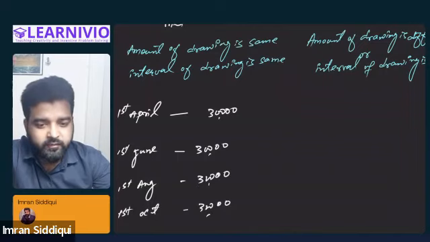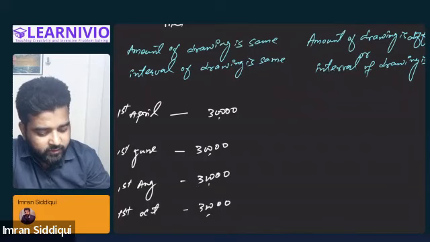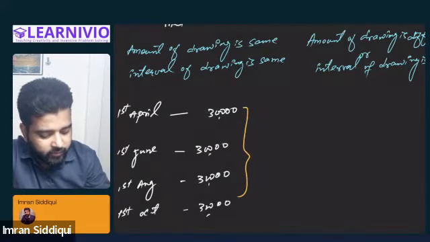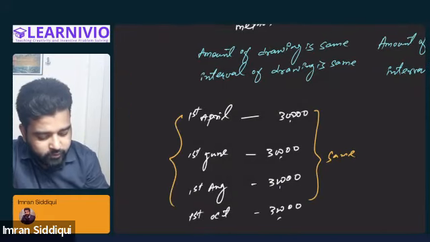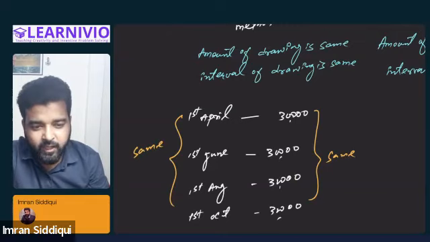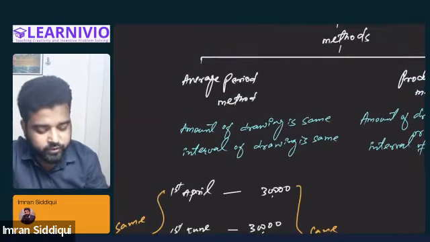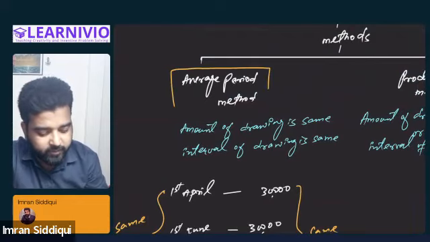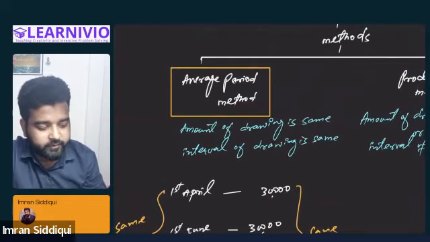He made the drawing in August only. So the amount of drawing is the same, and the interval between the drawings is also the same. If both the amount and the interval are the same, then we'll be applying the average period method.